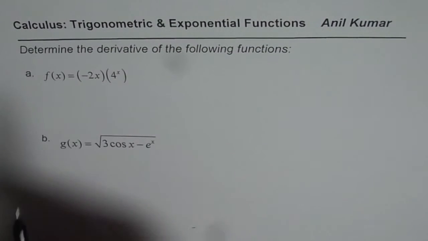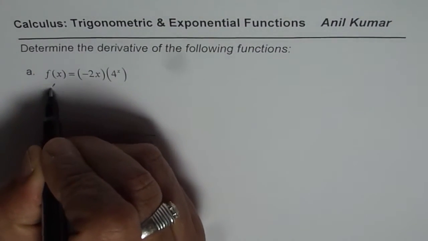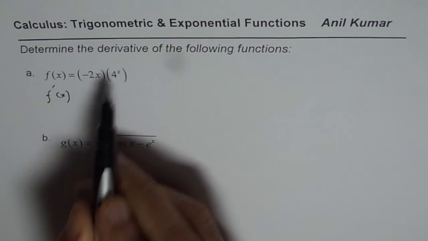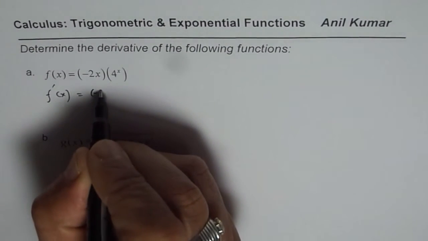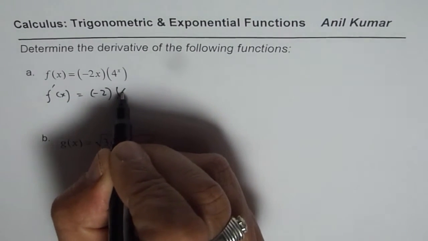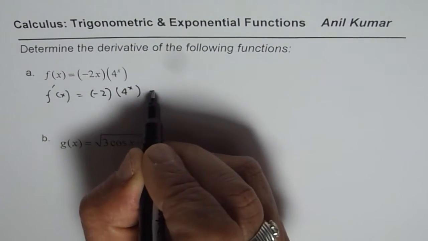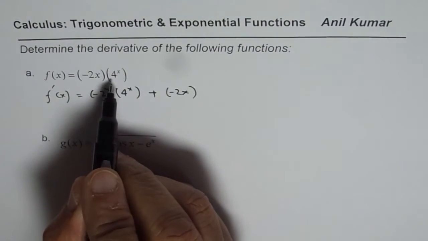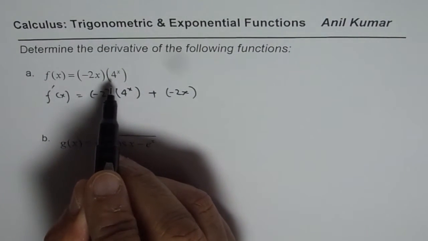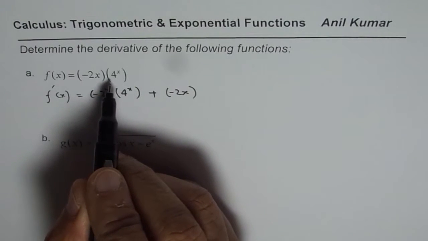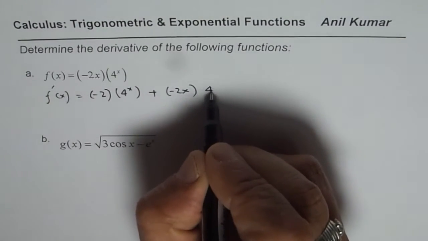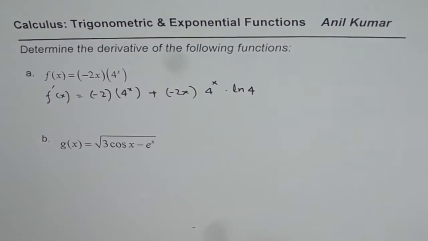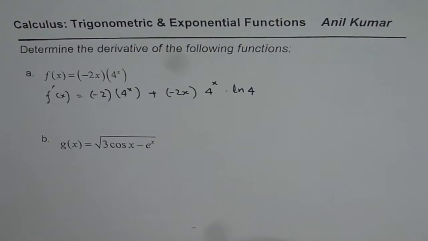We need to find the derivative, so the derivative of this function will be the derivative of the first function times the second function, which equals -2 times 4^x, plus the first function, which is -2x, times the derivative of the second function. The derivative of the second function is 4^x times ln 4. So that is how you can get the derivative of this function.